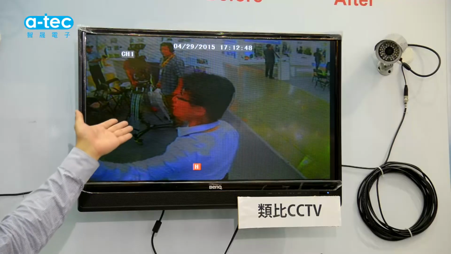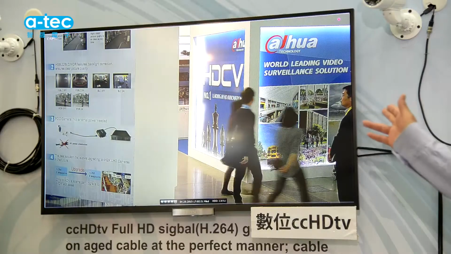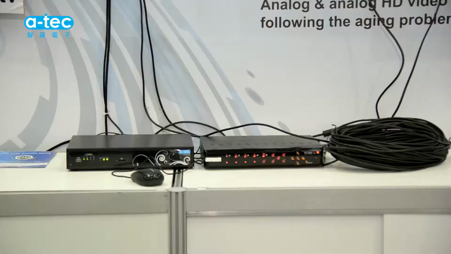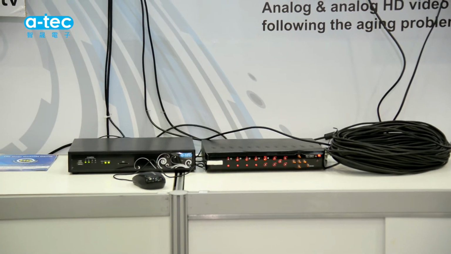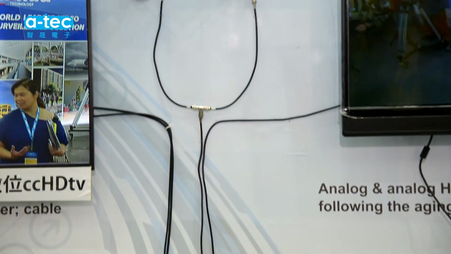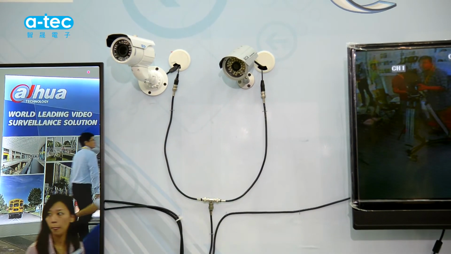Alright, since the beginning of Secutech, I have received a lot of questions about why we have such a bad quality camera exhibit in such a professional high-definition surveillance show. Well, we purposely put this analog camera and the digital camera together in comparison, laid out with a low quality cable which has been used for 3 years and is aged, bad quality.